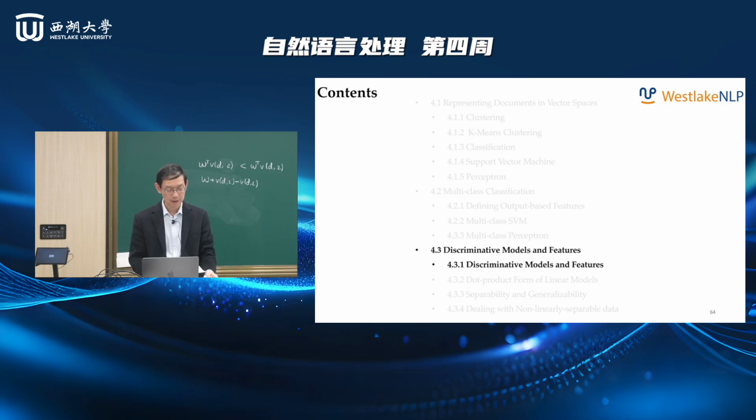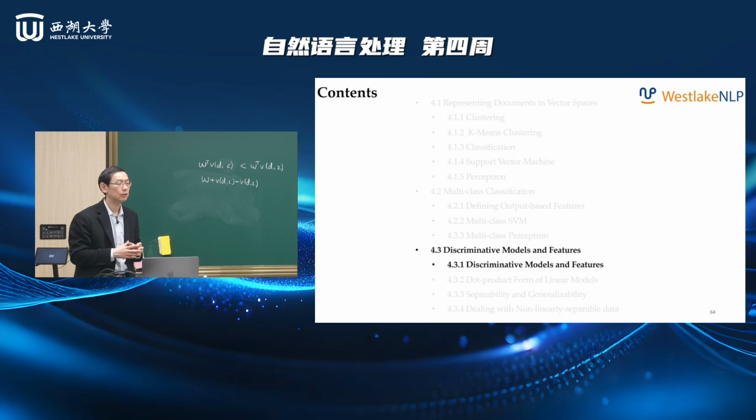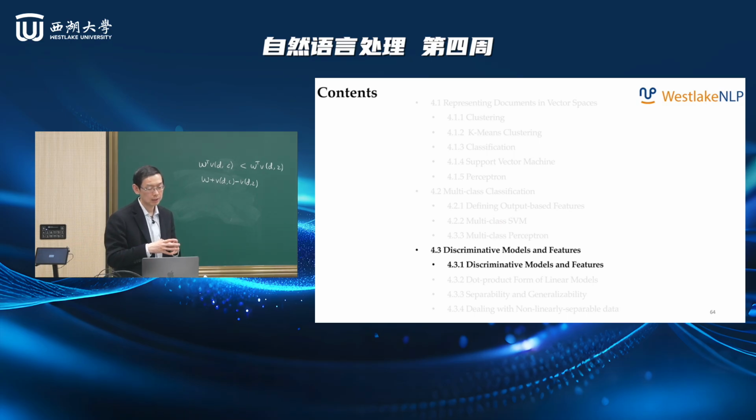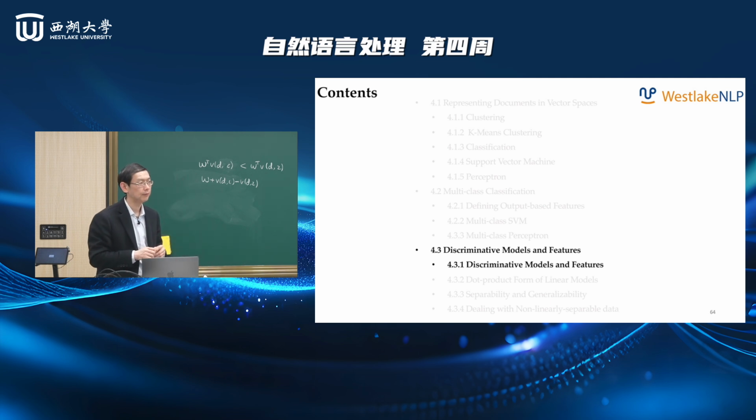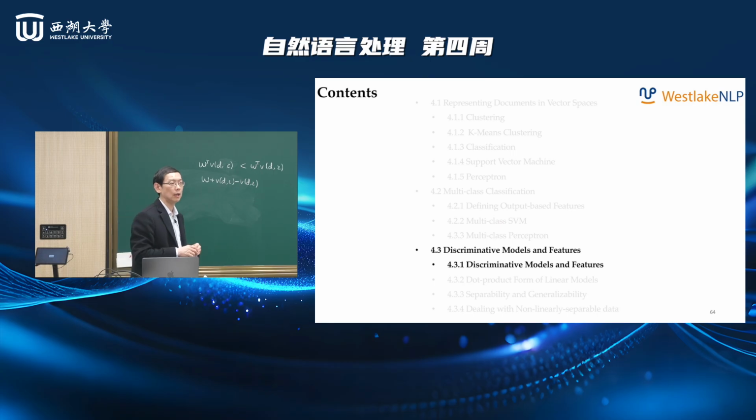But now, after we reviewed binary SVM and multi-class SVM, binary perceptron, multi-class perceptron, let's move on to features. I want to unify naive Bayes and SVM and perceptron, and I want to show their difference.